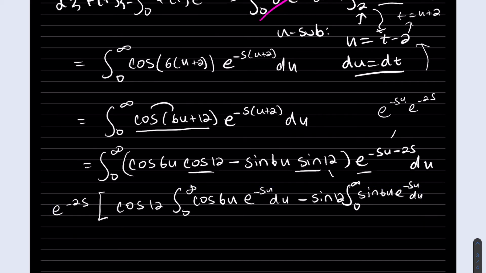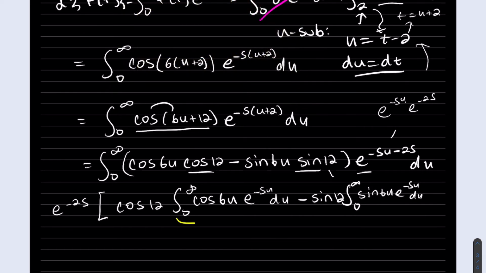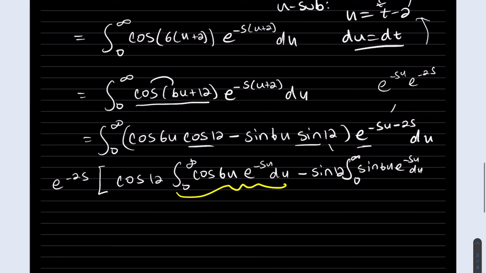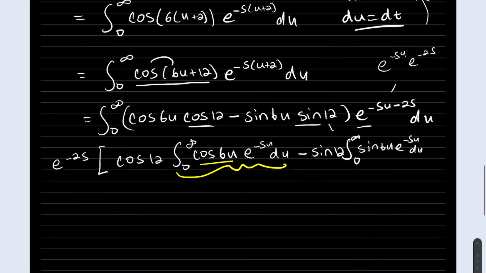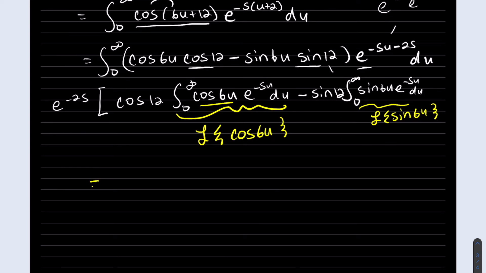So now we can see this is a new Laplace. That's our new variable. This is the Laplace of cosine of 6u, which will switch back to our correct variable. And this is the sine.